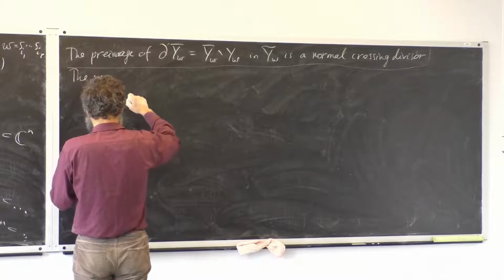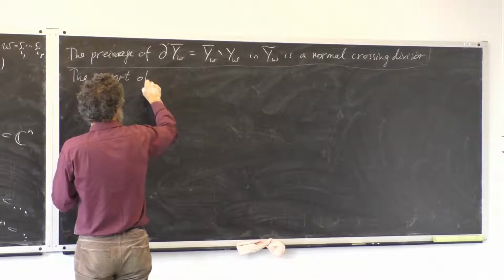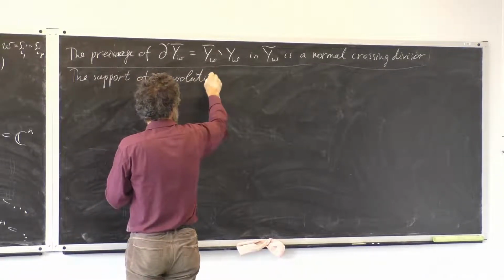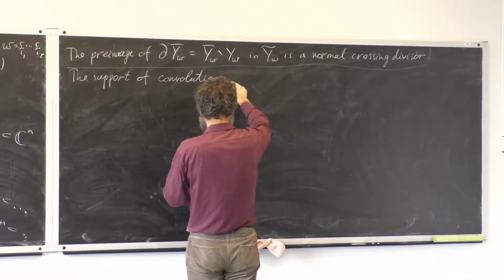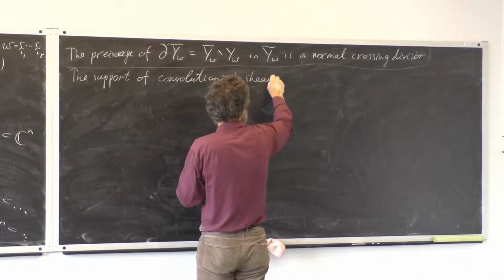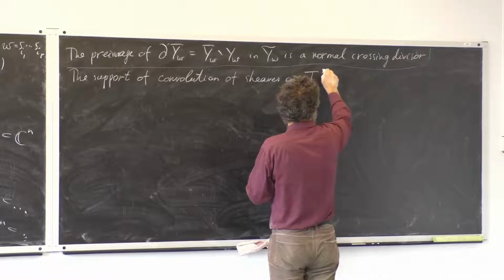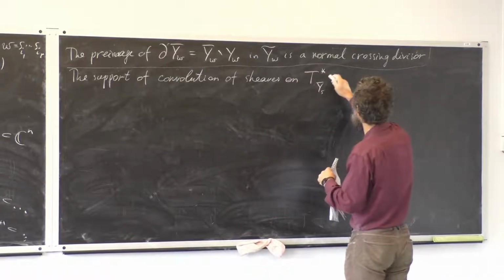So the support of the convolution of sheaves on those conormal bundles to small orbit closures.